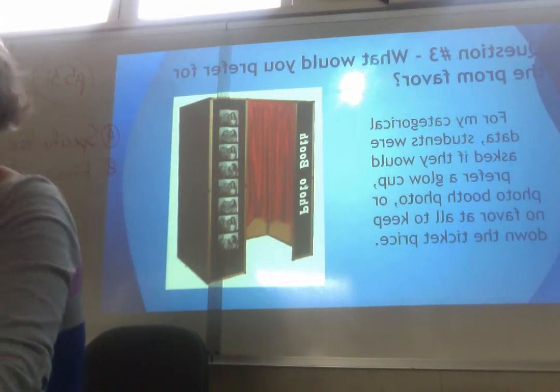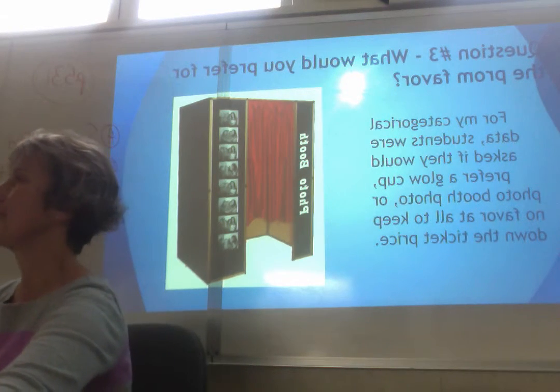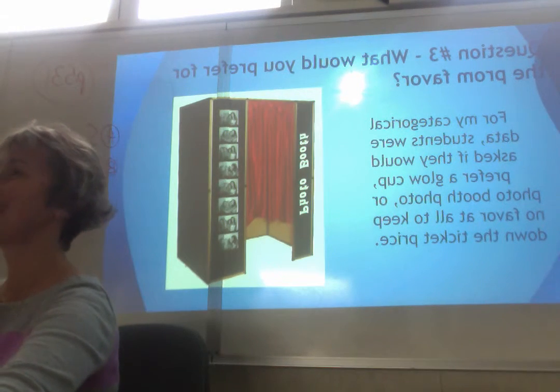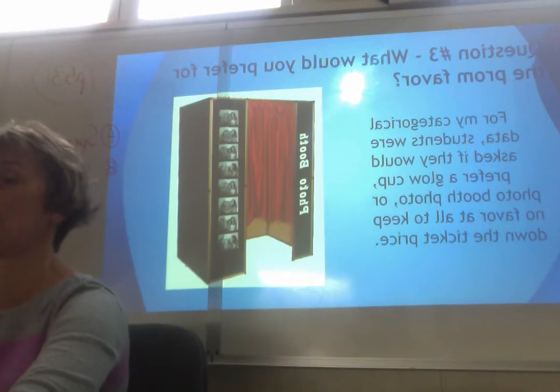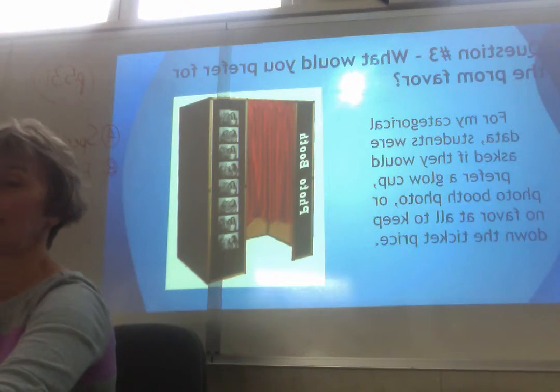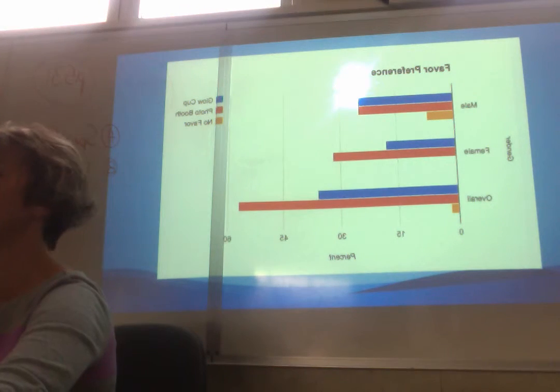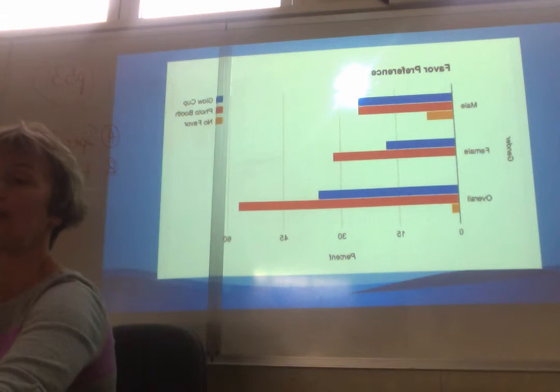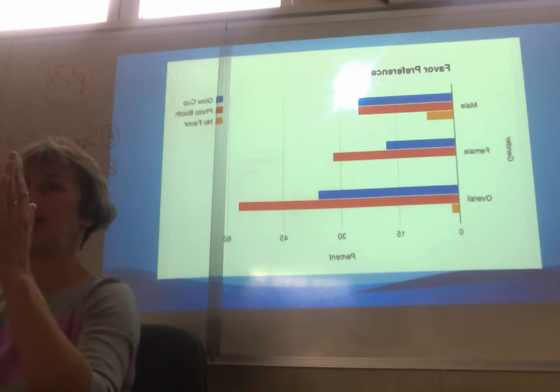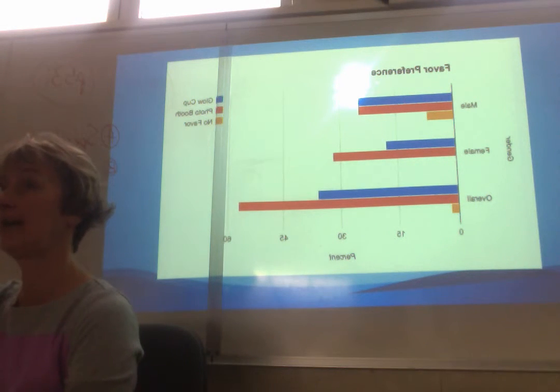The third kind of question, you're looking for categorical data. It's not going to be a number, really. For my categorical data, students were asked if they'd prefer a glow cup, photo booth, or no favor at all. And then we're going to break it out by category, male, female, overall, and do some bar graphs where you can look at how different categories compare.